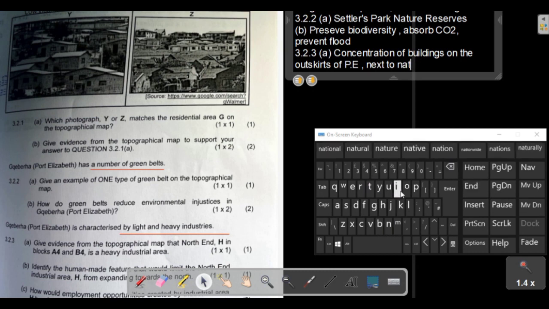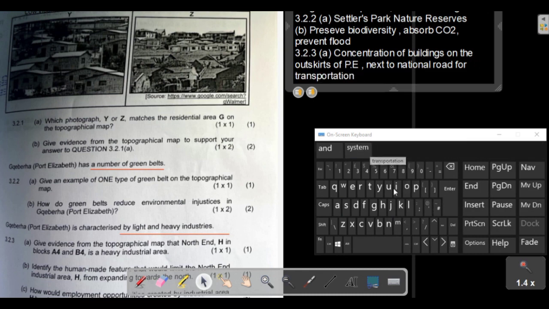Okay, I made a mistake. The national road, of course, for transportation of finished goods. That's what I'm going with.